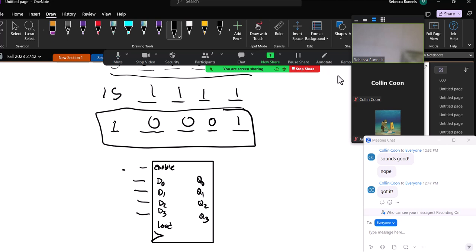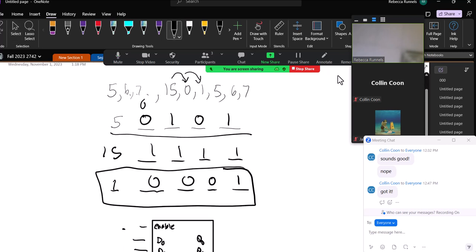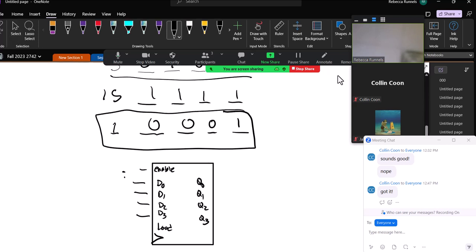I was loading 5, which is, so this is Q3, Q2, Q1, Q0. So 1 here, and 0 here and here. And I want to detect a 1.